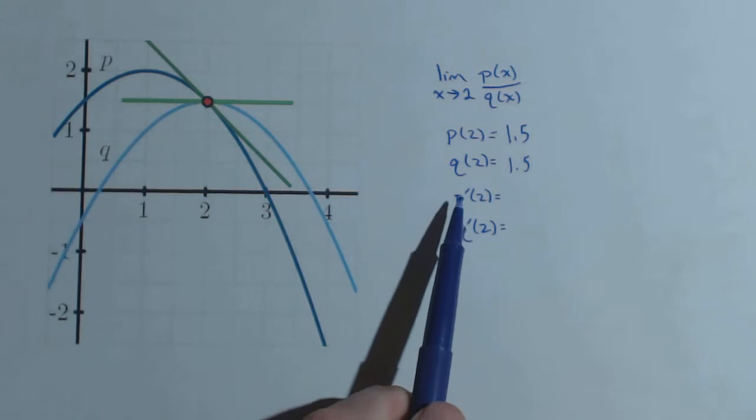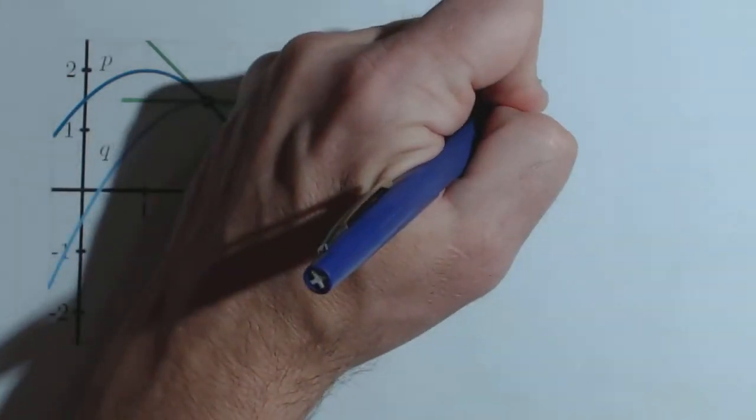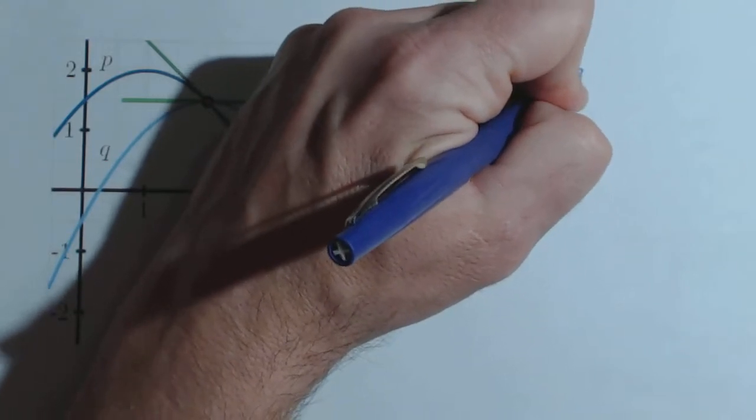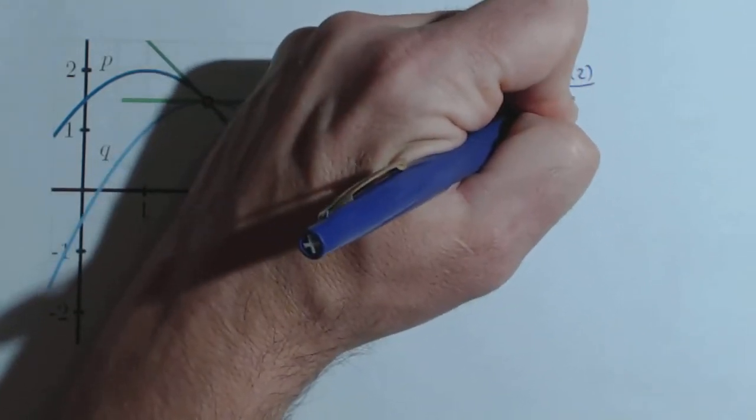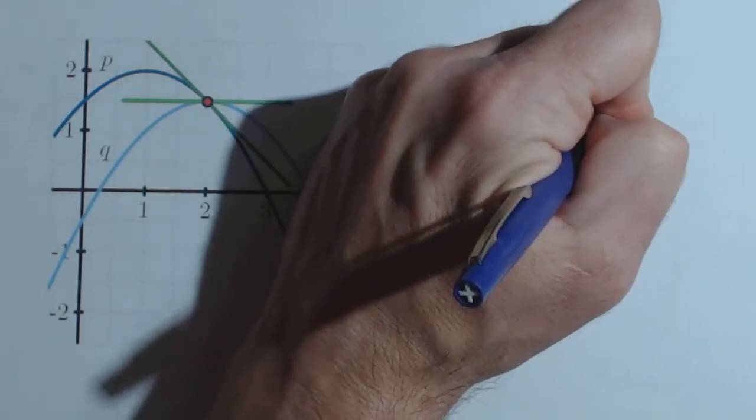Now we can calculate p prime of 2 and q prime of 2, but we don't need to, because it turns out we know that p of 2 and q of 2 are not both 0. So this is not a L'Hopital's rule case, and in fact it can be solved via direct substitution.